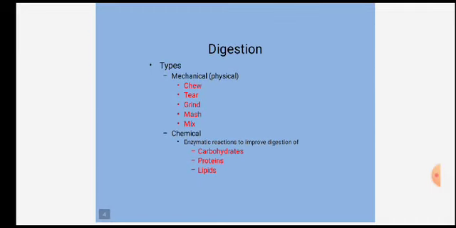So what is meant by digestion? Previously we discussed the definition: complex food is converted into a simple one.